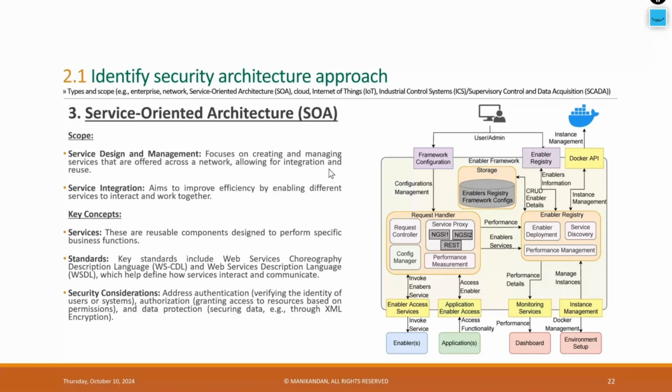This is where we are talking about service oriented architecture. So basically, an organization's enterprise architecture is built on TOGAF, but in order to align with information security, we use SABSA. Clear? I hope that answers your question.